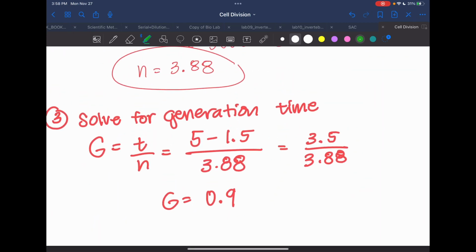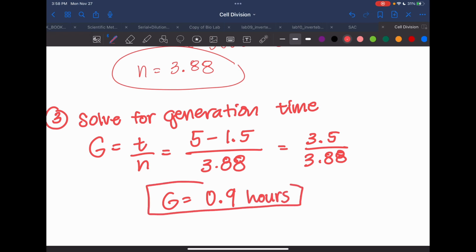But in this case, this one is hours, right? So that means that growth from the beginning of log phase to the end of log phase took them 0.9 hours to do that. So not even a whole hour, right? It's a little bit under an hour for it to increase that much during log phase.